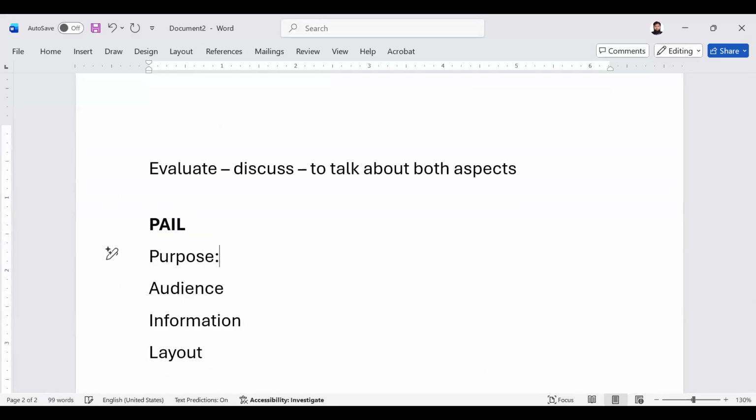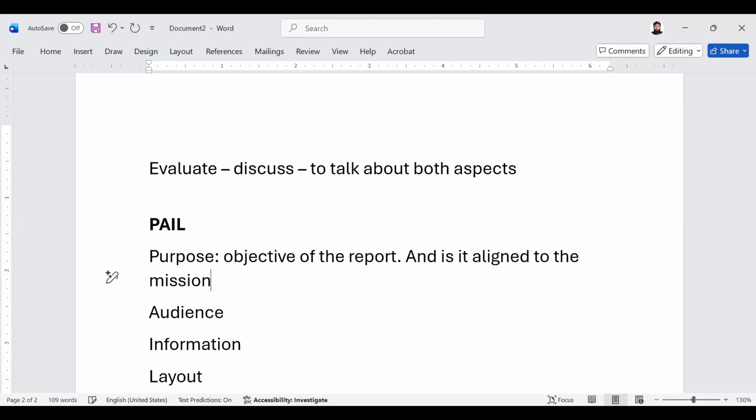What is this concept of PALE all about? If we talk about the purpose, it is what the objective of the report is, and whether it is aligned to the mission of the organization or not.